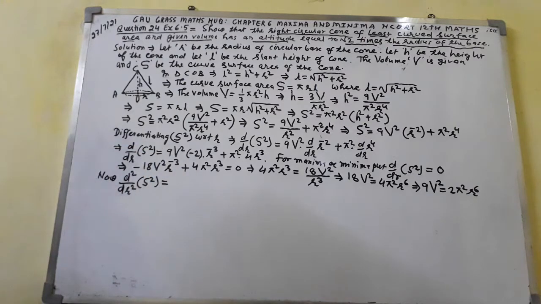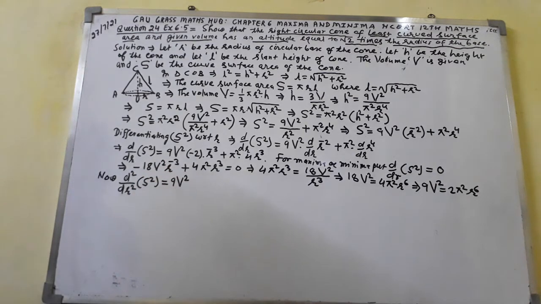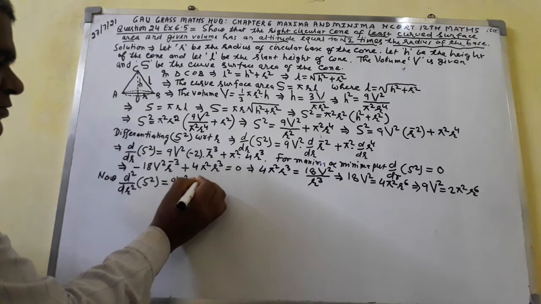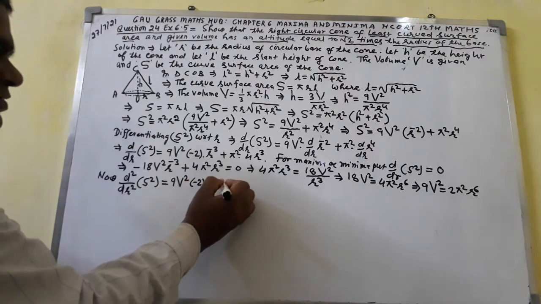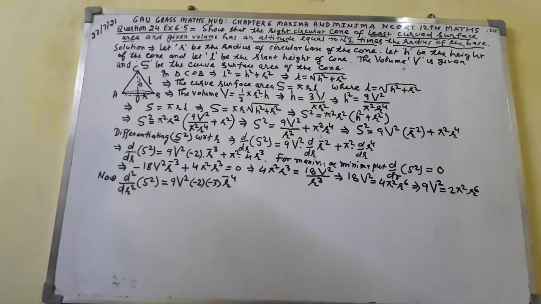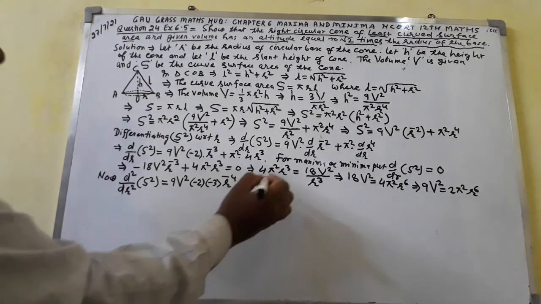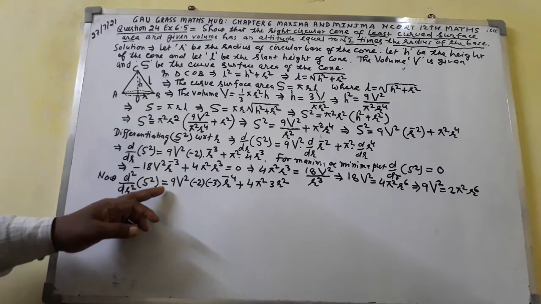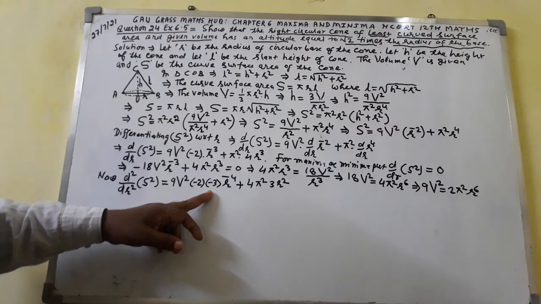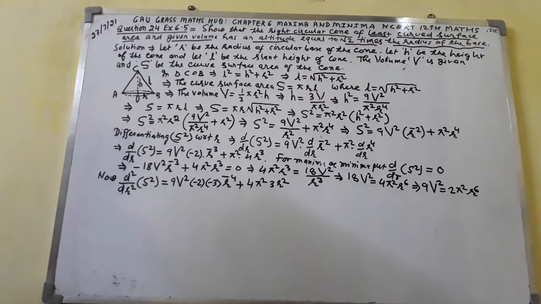This value I shall write: 9V square I have written, minus 2 I shall write, and here minus 3 will be thrown back in center, R raised to the power minus 4, plus 4 pi square times 3 R square. This thing we have got.